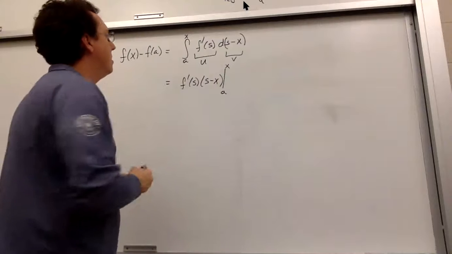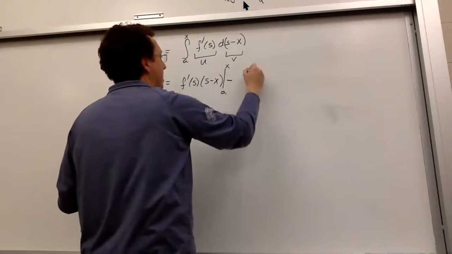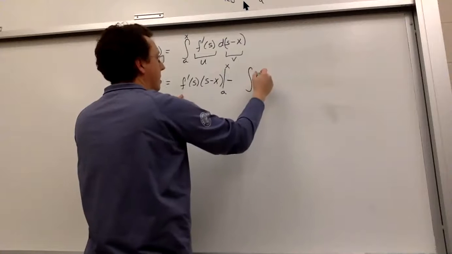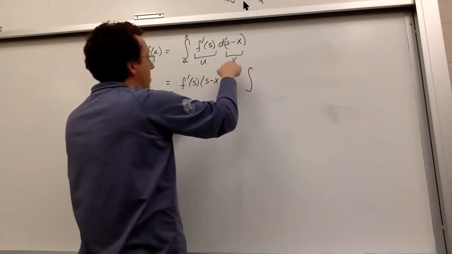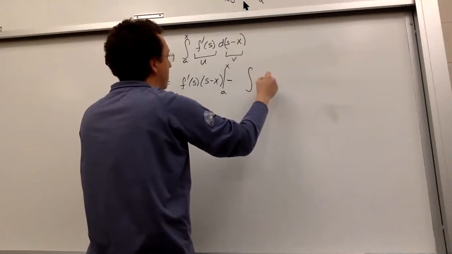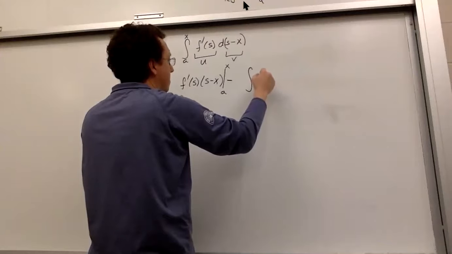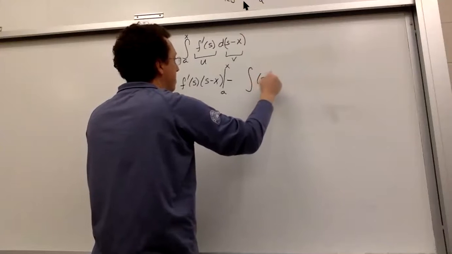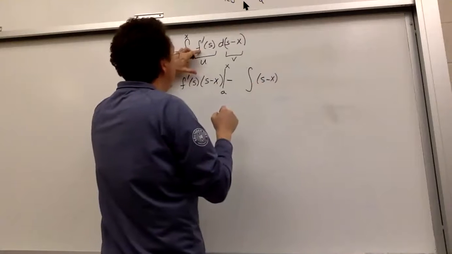Very good. So this is what we want, minus the integral of, okay. So I'm going to get v, and v is going to be s minus x. And then I get du.